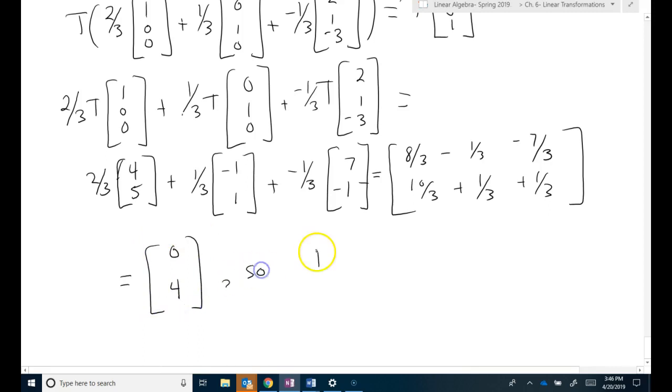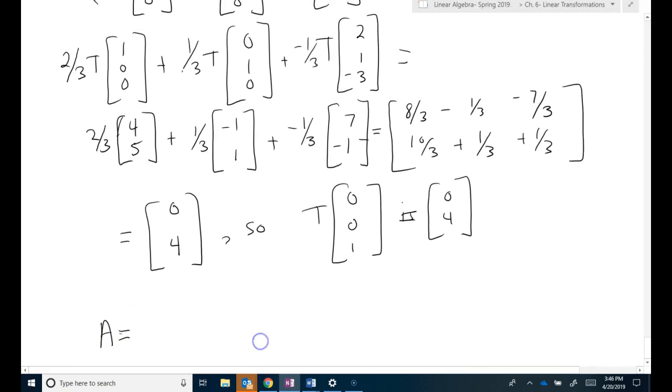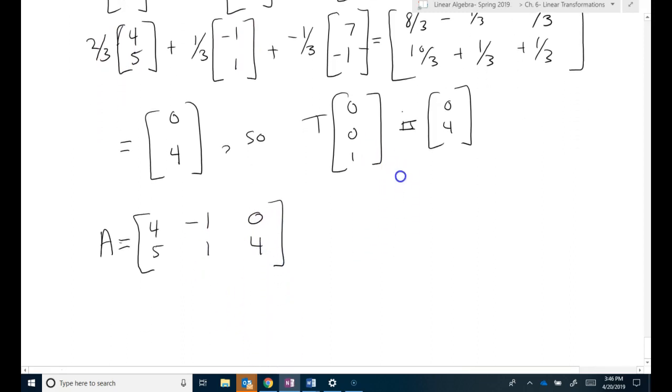So T of (0, 0, 1) equals (0, 4). And now I can construct my matrix of the transformation. A is going to equal T of (1, 0, 0) is (4, 5), T of (0, 1, 0) is (-1, 1), and T of (0, 0, 1) is (0, 4). And there's our matrix of the transformation.